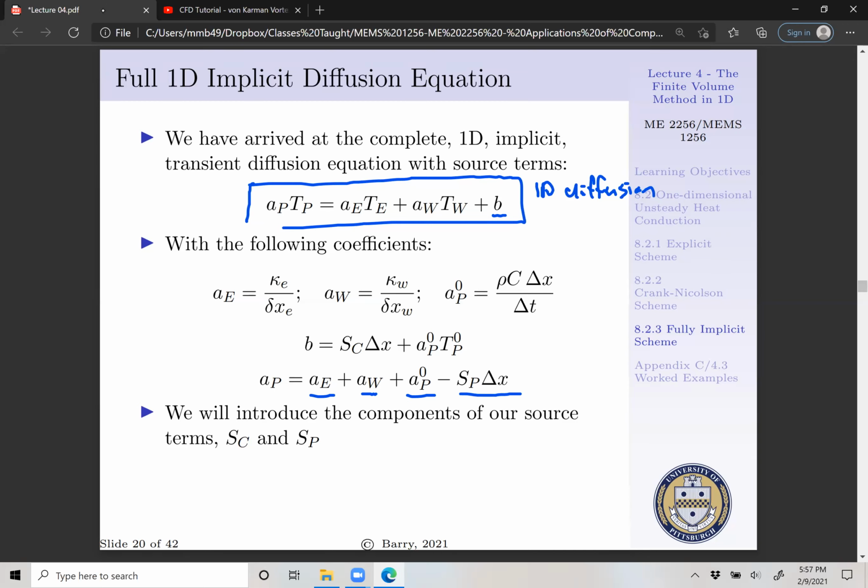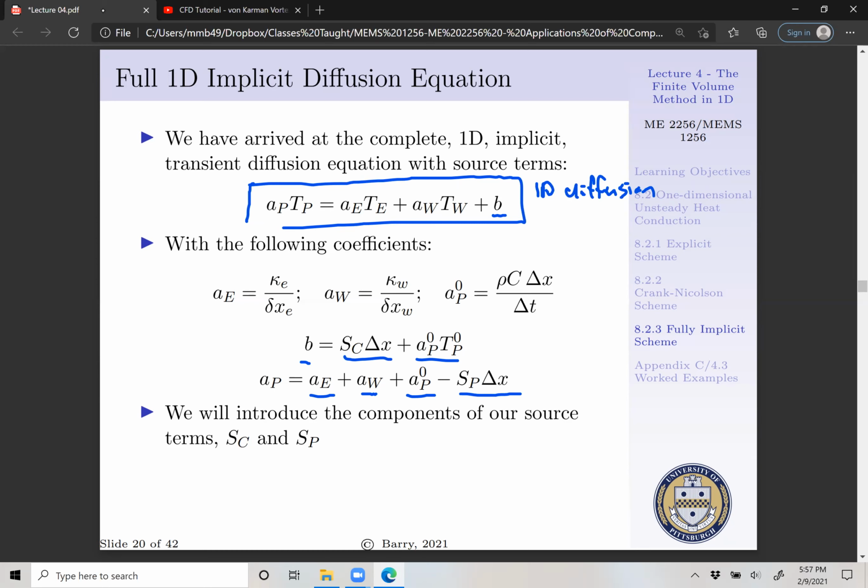And this gets baked into our new coefficient b. b has our constant source term, multiplied by delta x, because the source term is typically on a volumetric basis, but recall we were integrating over area. And then we're going to have a_P^0 T_P^0 associated with b.